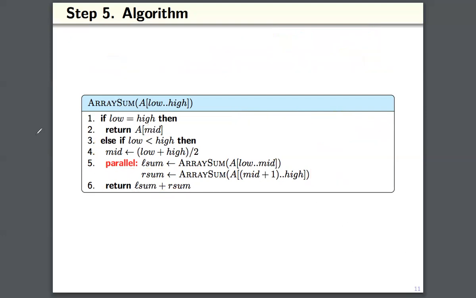See, every divide and conquer algorithm will have a base case. Base case will typically be very simple, constant size. Now consider the recursive case. In the recursive case, what were the three steps? Divide, conquer, combine.